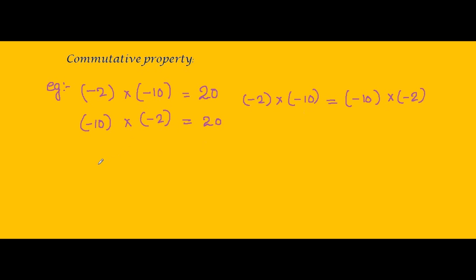This is commutative property. We can write commutative property mathematically as: if you are considering any two integers a and b, then a times b equals b times a.